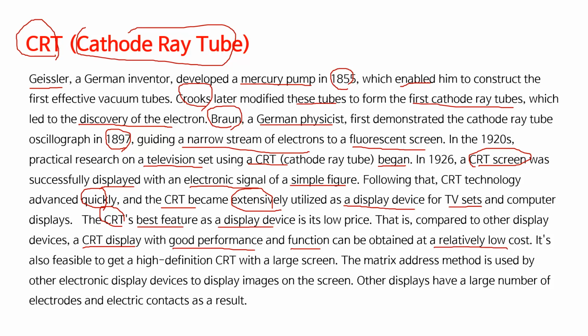It is also feasible to get a high-definition CRT with a light screen. The matrix address method is used by other electronic display devices to display images on the screen. Other displays have a large number of electrodes and electronic contacts as a result.